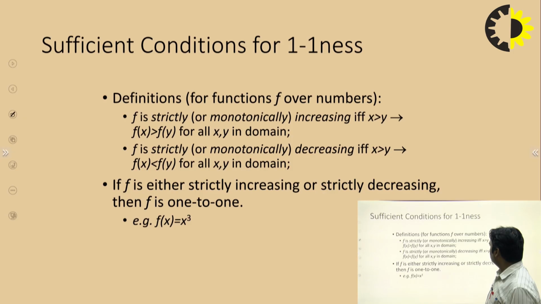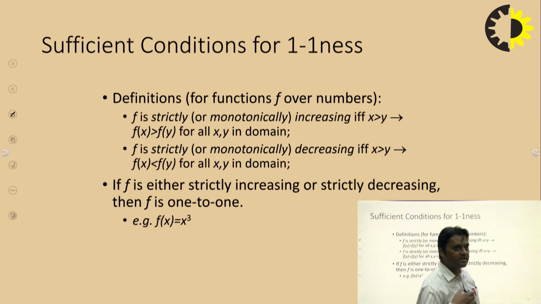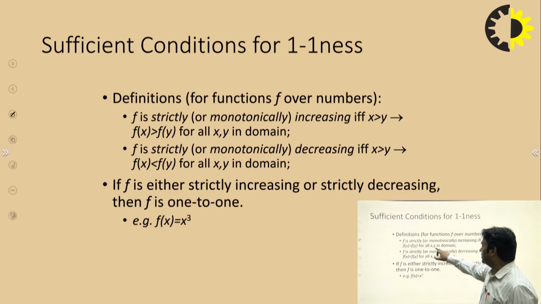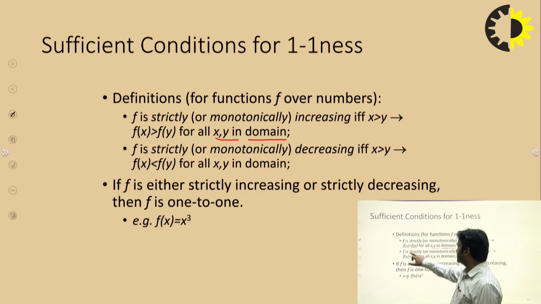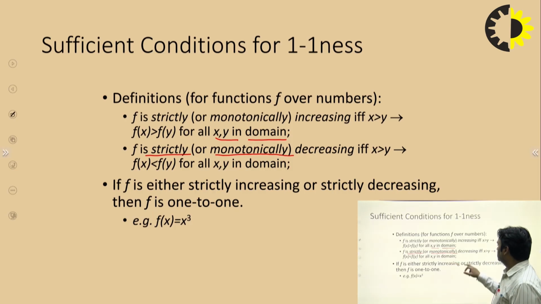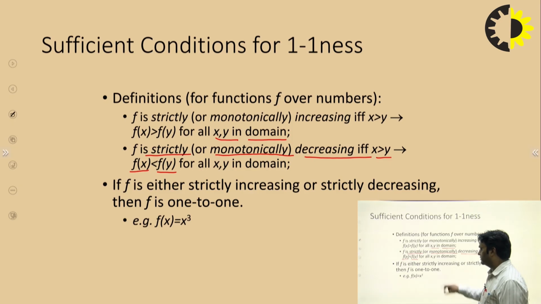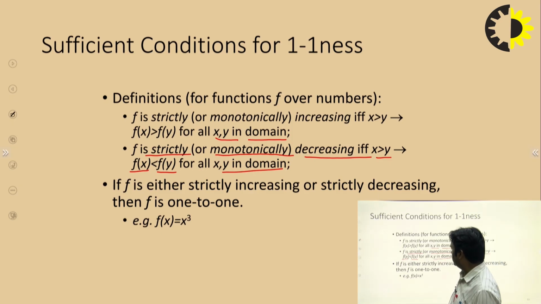These are some conditions of the one to one definition for a function f over numbers. F is strictly or monotonically increasing if x is greater than y, then f(x) is greater than f(y) for all x, y in the domain, and f is strictly monotonically decreasing if x greater than y, then f(x) is less than f(y) for all x, y in the domain.